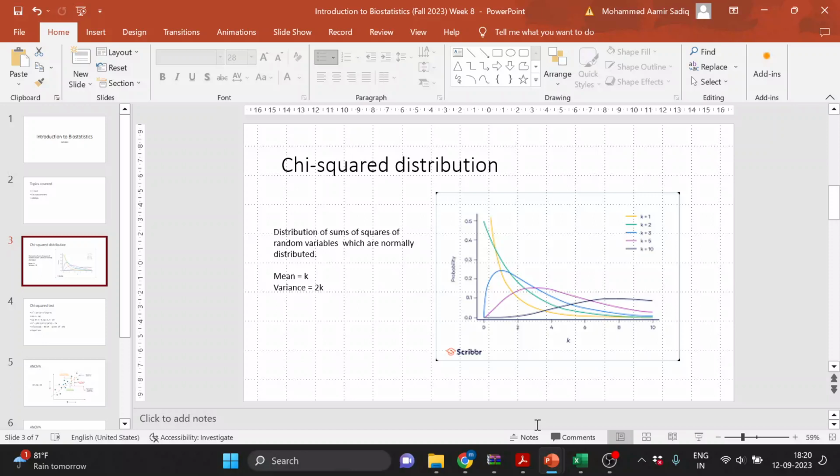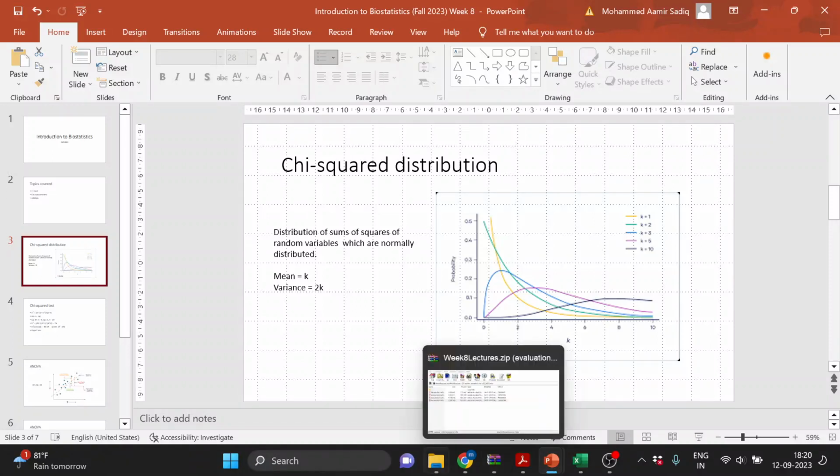The chi-square distribution is important to understand the F distribution. The ratio of two chi-square distributions gives you an F distribution, and F distributions are used in your ANOVA test. So anything to do with variances, you use a chi-square distribution. The distribution of variances itself follows a chi-square distribution.